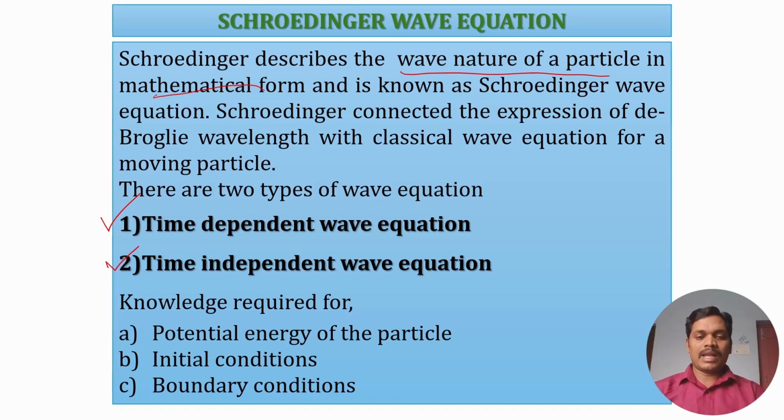In order to derive these two, we should have ideas about the potential energy of the particle, the initial conditions and the boundary conditions. If we have a clear idea about these three, then it is very easy to understand the time dependent wave equation as well as the time independent Schrodinger wave equation.